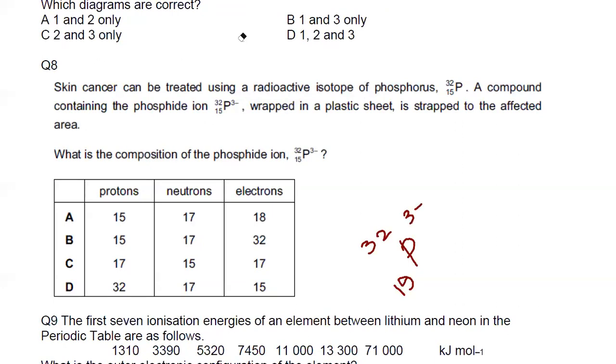Aruj, can you quickly tell me how many protons I will have? 15. Correct. How many neutrons will I have? 32.